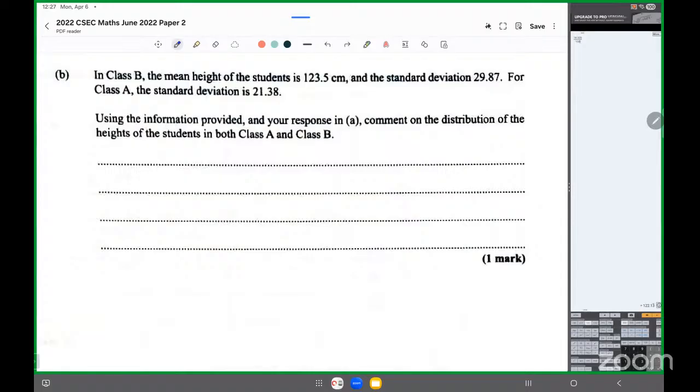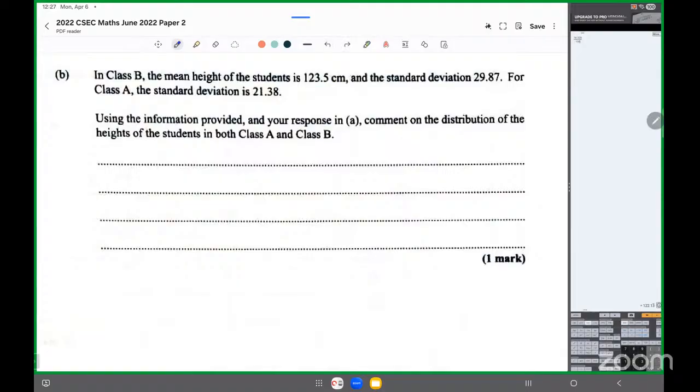So in class B, the mean height is 123.5. It doesn't matter what the actual mean is. Standard deviation is the measure of the spread from the mean, regardless of what the actual mean is. The comparison is how the heights of the students are spread from the mean. All right. So this actual mean is kind of irrelevant.